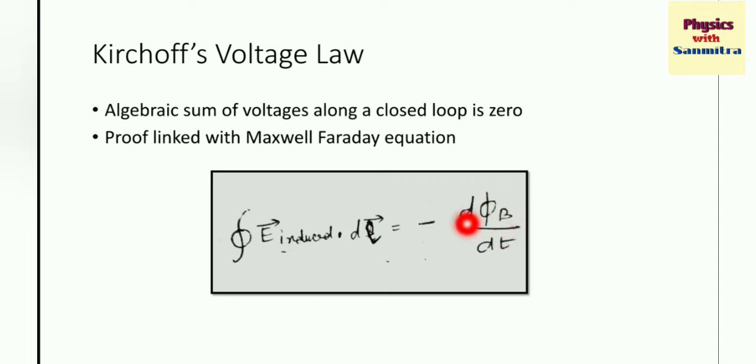The negative of the time derivative of magnetic flux is equal to the integral of E dot dl, where E is the induced electric field. This is beyond the scope of this lecture, as we are only interested in the basic application of KCL and KVL. We will cover that in a later video.